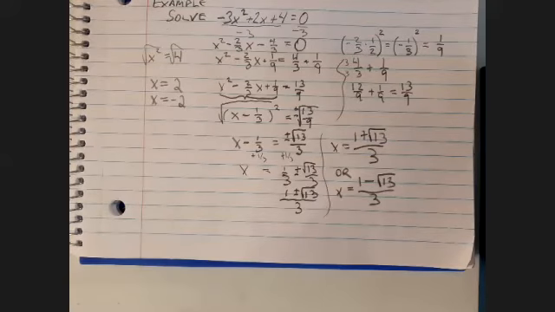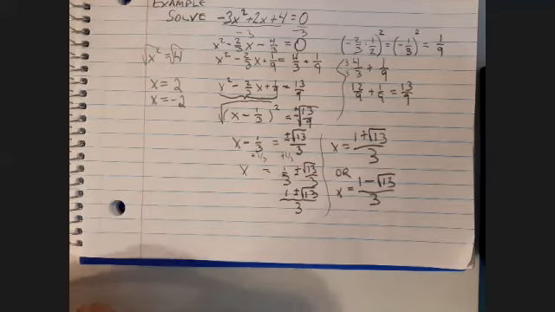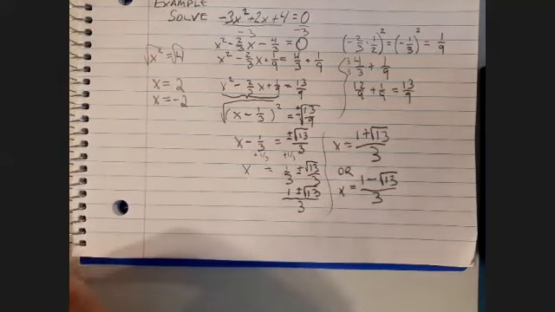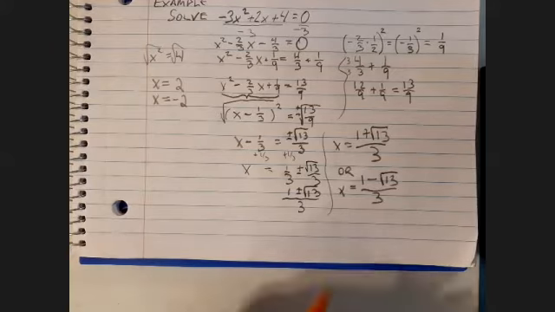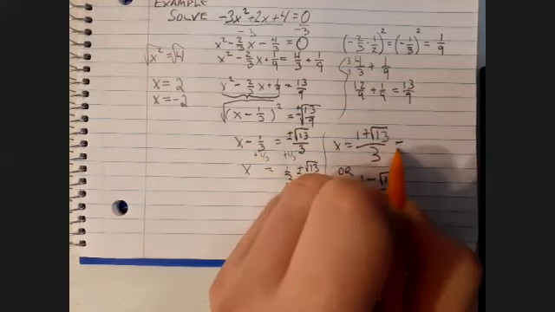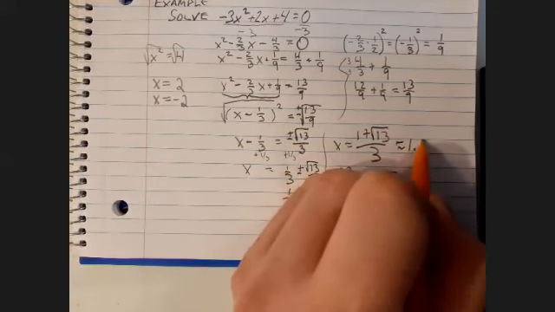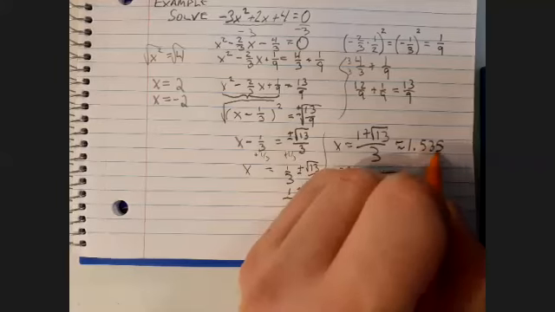And you can always convert those to decimals by carefully, did I say carefully? Yes, I said carefully entering them into your calculator. So let me do that real quick. So 1/3 plus the square root of 13 divided by 3. And so the plus would be approximately 1.535.